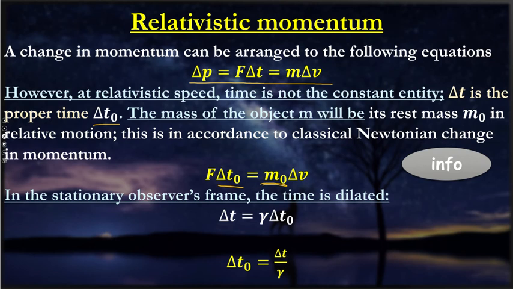So, according to a stationary observer, the time of this momentum experience will dilate. So there's time dilation here. Okay, we know that the formula for time dilation is this formula here. We just got rid of the Lorentz factor and put it as a constant. We rearrange the equation, that's what we get here. So we're going to sub this into here and see what we get from there. Okay?